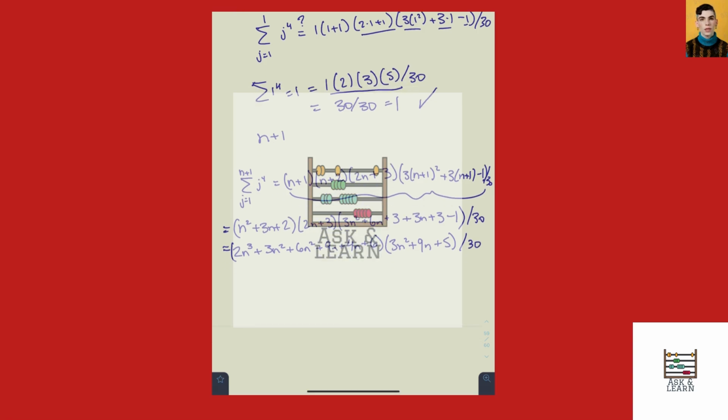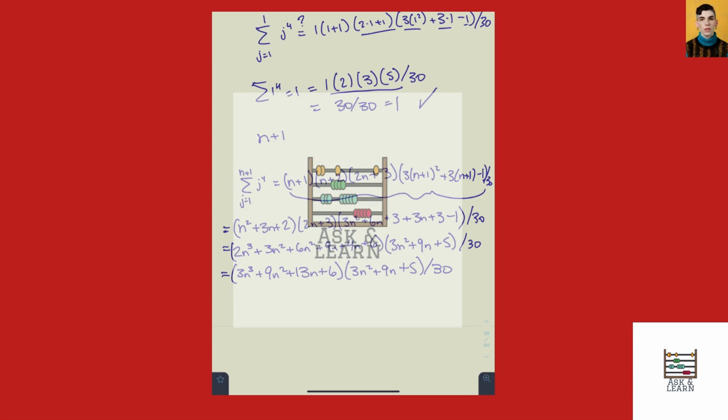We'll combine these like terms up here, so we'll have a 2n cubed plus 9n squared plus 13n plus 6 times 3n squared plus 9n plus 5 over 30.